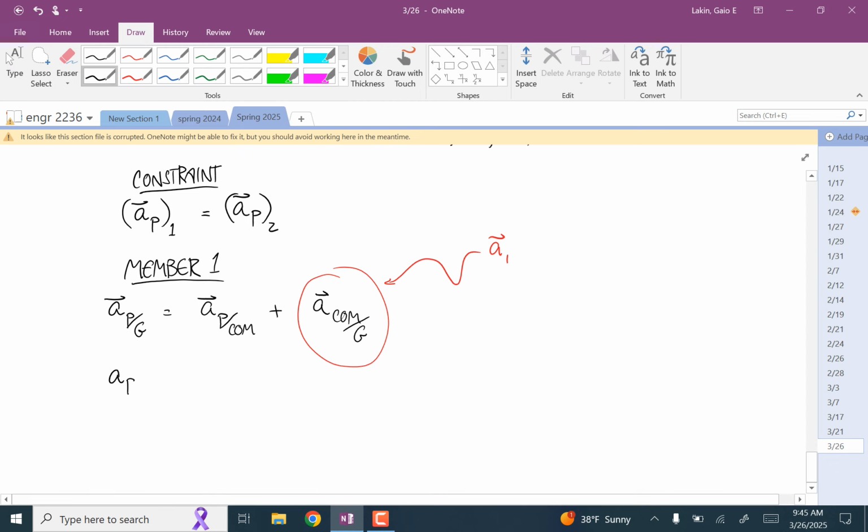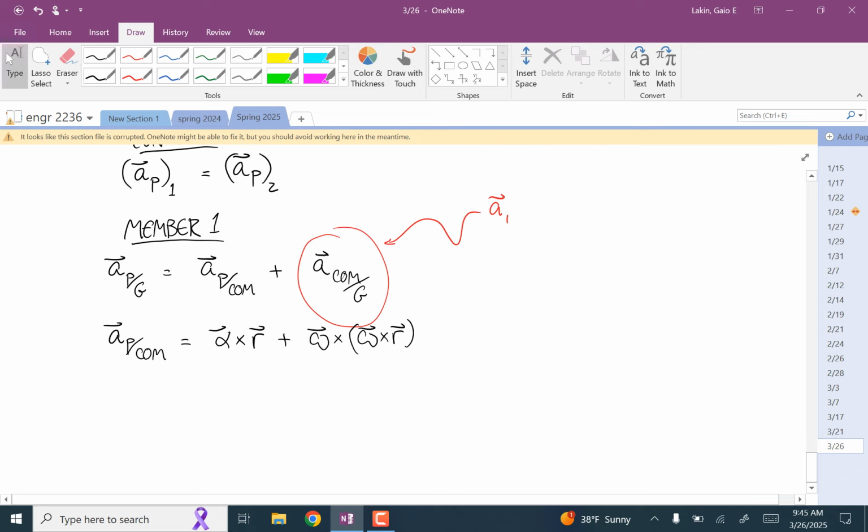Our acceleration of P relative to the center of mass is the circular motion equation. Our angular acceleration vector is 0, 0, alpha 1. The problem has to be given with angular velocities.